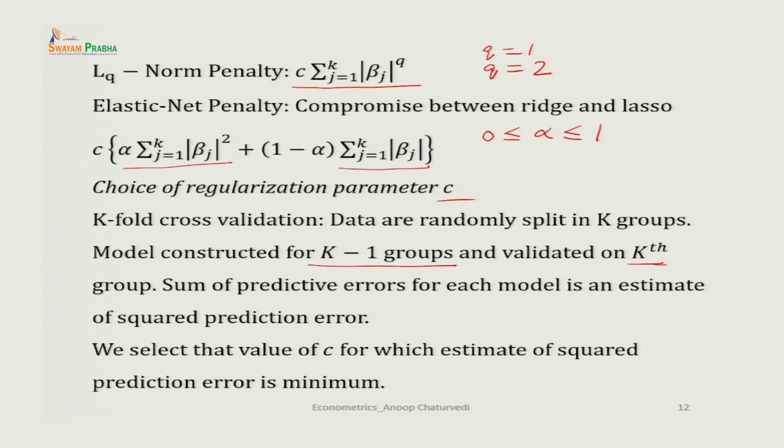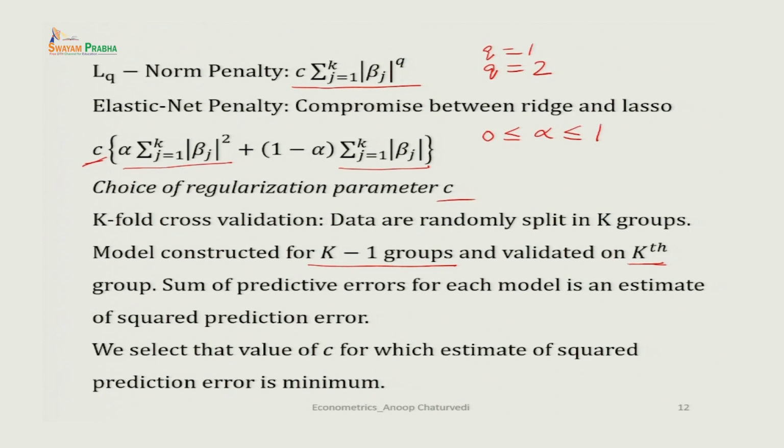So, you keep on changing the groups, but each time you take k minus 1 groups for fitting the model and then you select the remaining group for validation. Now, the sum of squares of prediction errors for each model is an estimate of squared prediction error.